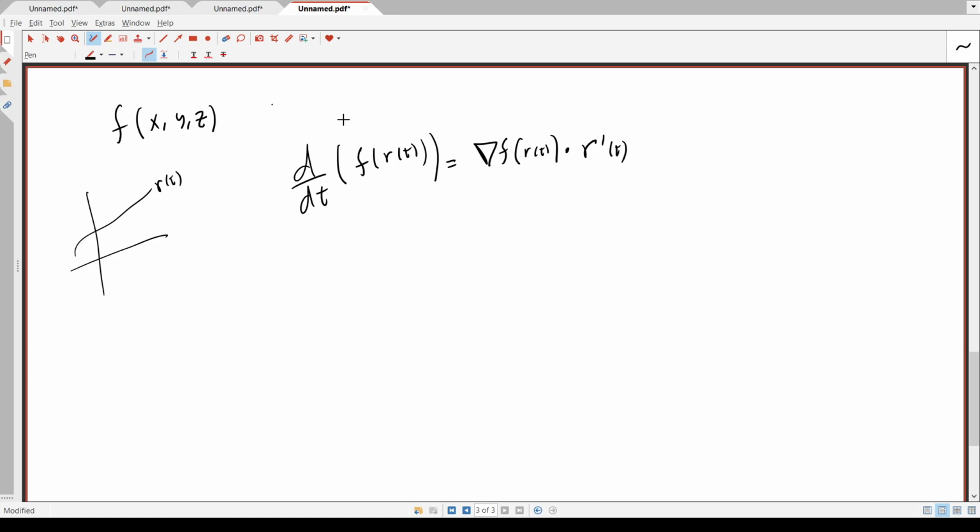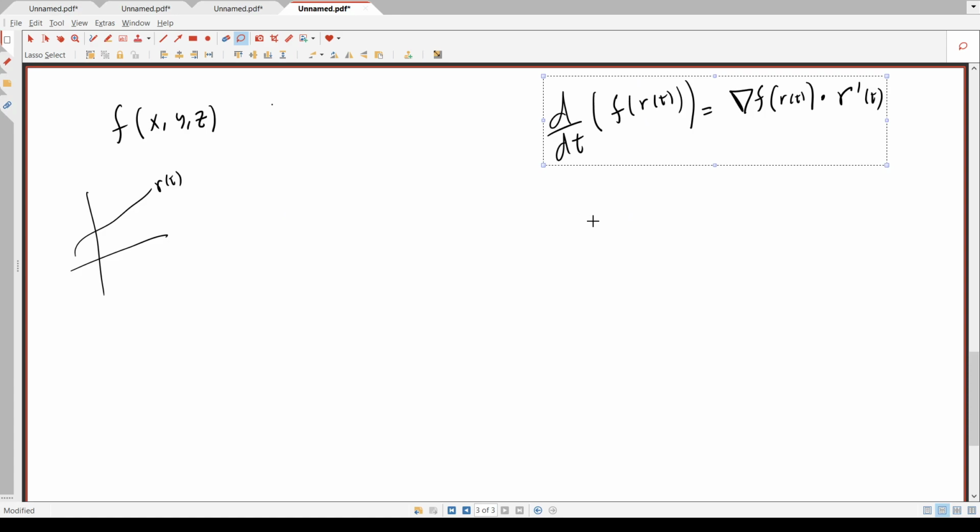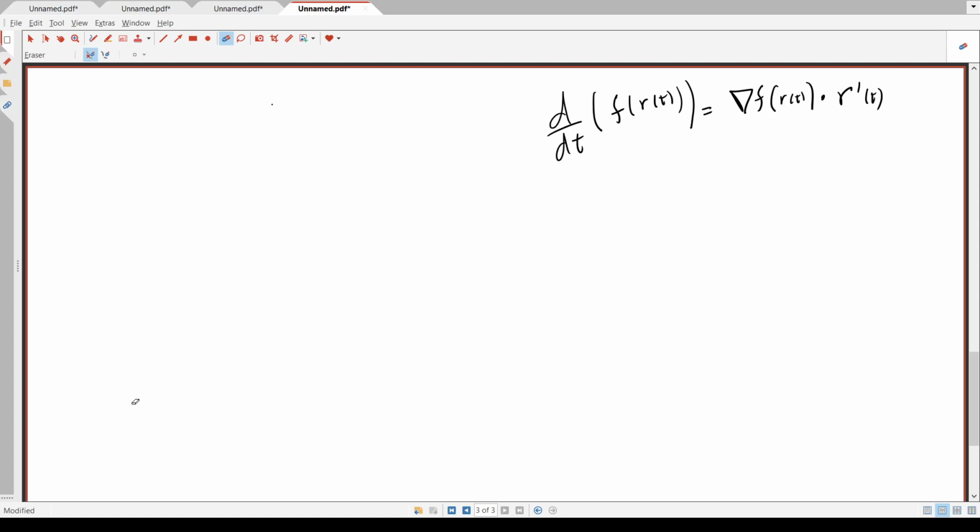This was from a couple sections ago. Basically, it was just the chain rule. So now let's also remember another fact.